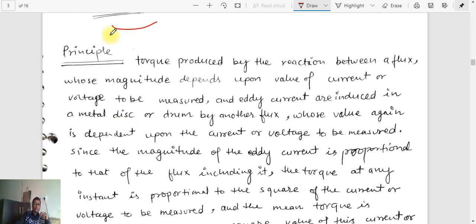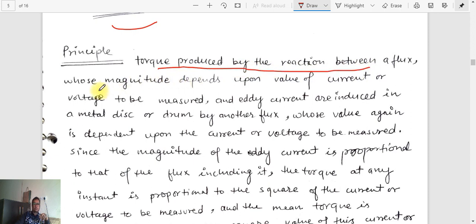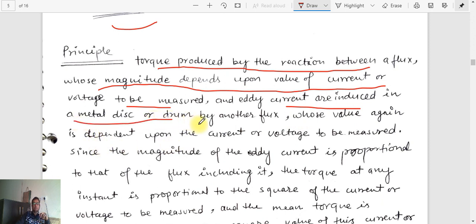as per the principle: torque produced by the reaction between flux whose magnitude depends upon the value of current or voltage to be measured, and eddy currents induced in the metal disc or drum by another flux whose value again is dependent upon the current or voltage to be measured.